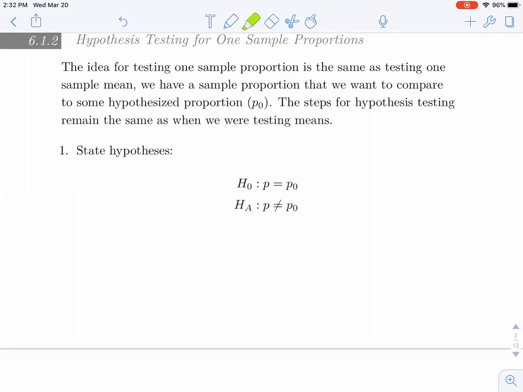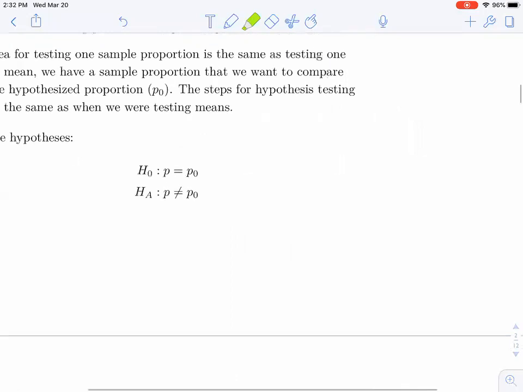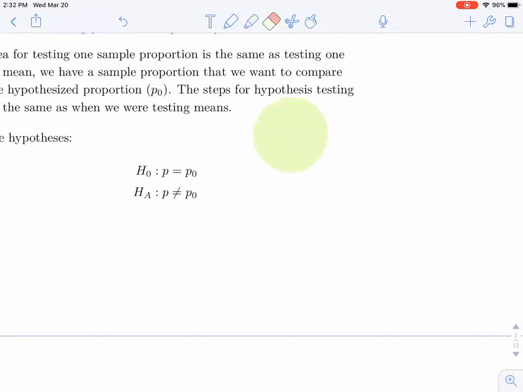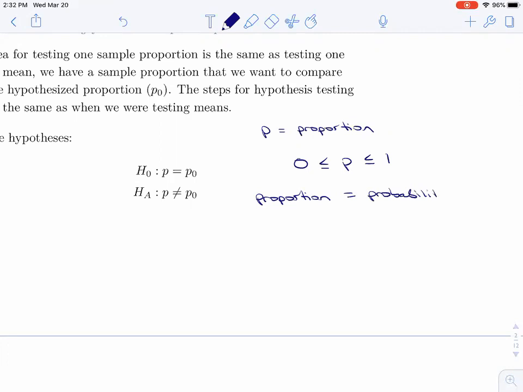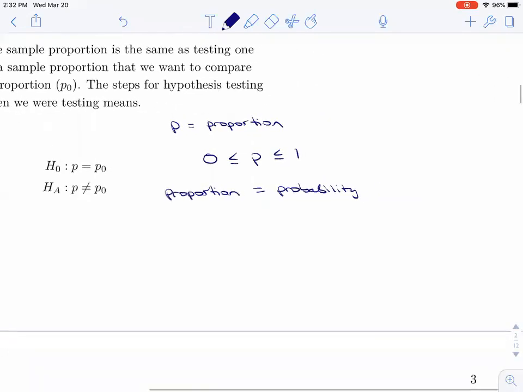P is a proportion. And so a proportion only goes between 0 and 1, right? Because remember, a proportion is a probability, which is essentially the same as a percentage.